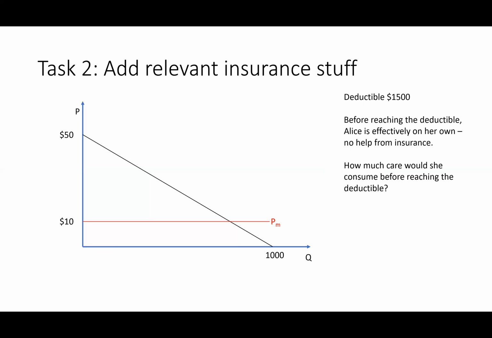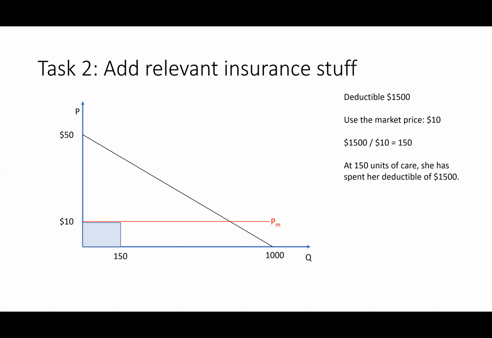So how much care would she consume before reaching the deductible? This is actually just a mechanical calculation rather than a question related to the demand curve. This is just a matter of figuring out how many units of care you get for 1,500 bucks. So you use the market price here.